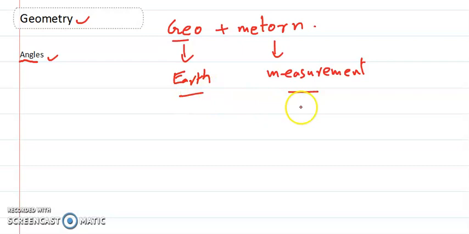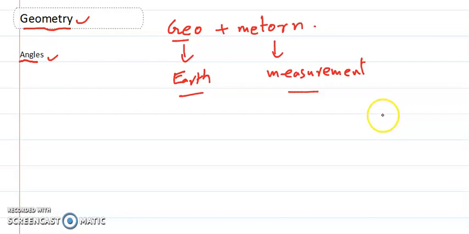This branch of mathematics was used for the measurement of earth, and later this word was amended and got the shape of the word geometry, in which we learn about different shapes, their sizes, and their different properties.